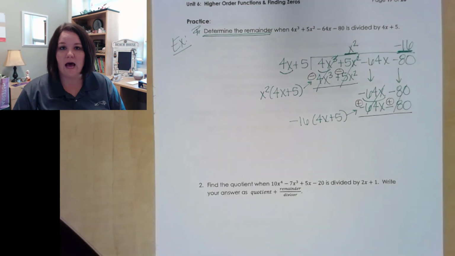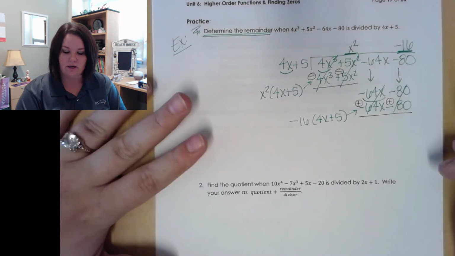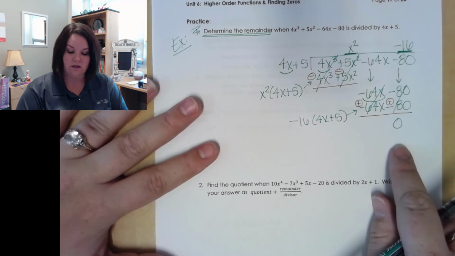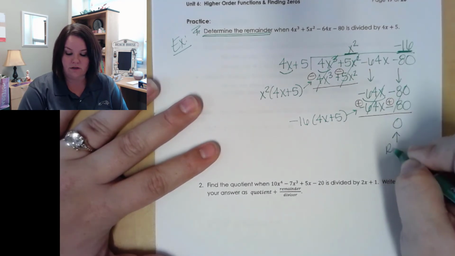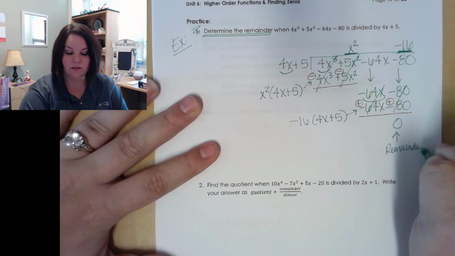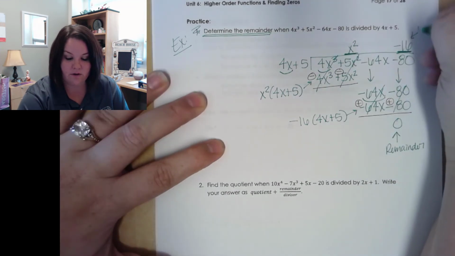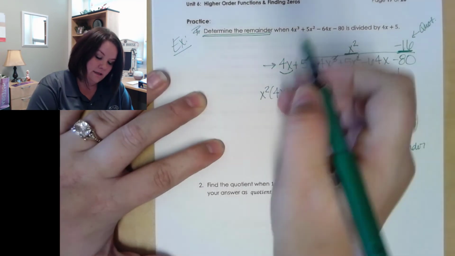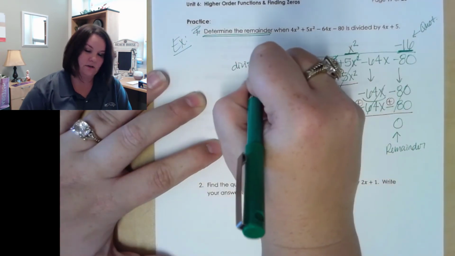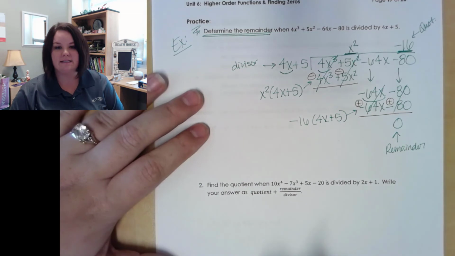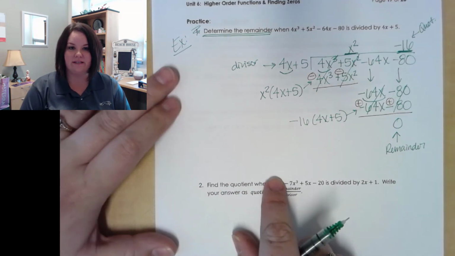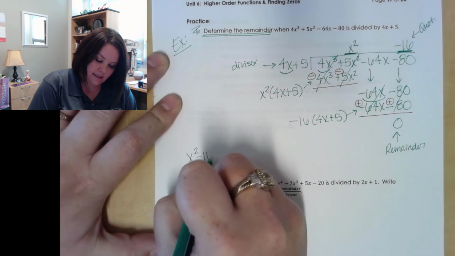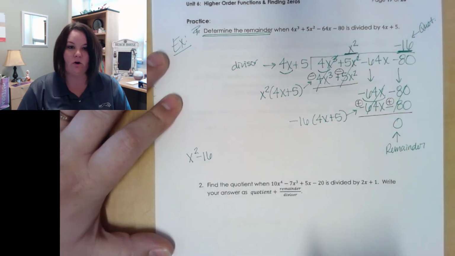Now, if everything cancels out and you don't have anything else to bring down, that means that my remainder is just a 0. So again, remember, this is our remainder. What's up here is my quotient, and whatever was out front is my divisor. Just for practice's sake, I'm going to write out the answer as it looks, which would be my quotient, x squared minus 16, and then plus my remainder over my divisor.